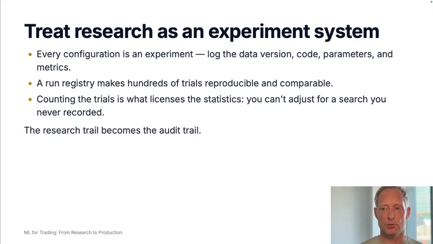So we develop code to track experiments and make results reproducible, comparable, and countable. This is what allows us to adjust for multiple testing and to understand how much of the observed performance may be inflated by repeated search. This is also what makes the research process more auditable. We can see what was tried, what worked, what failed, and how much evidence we really have.